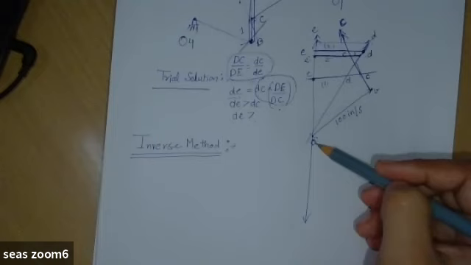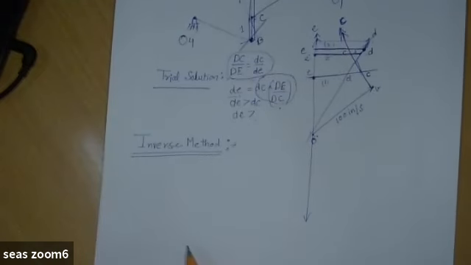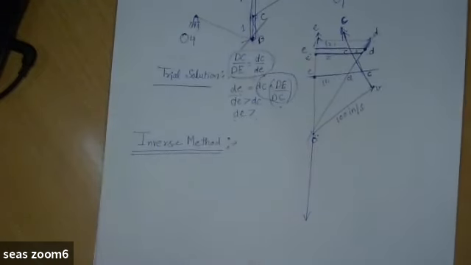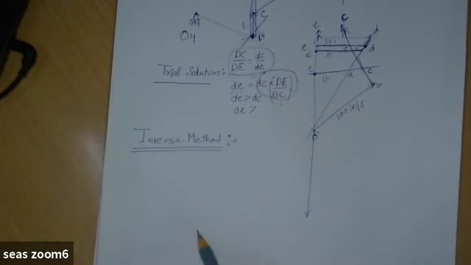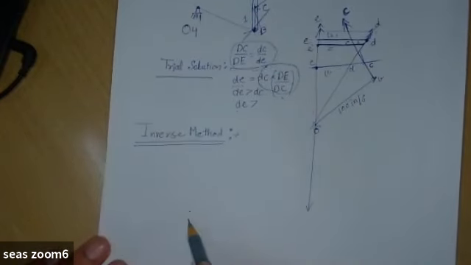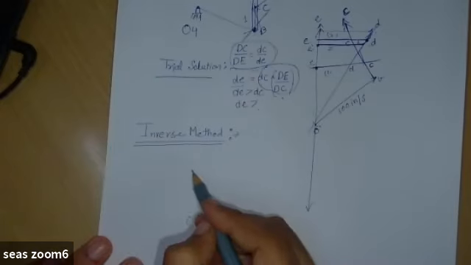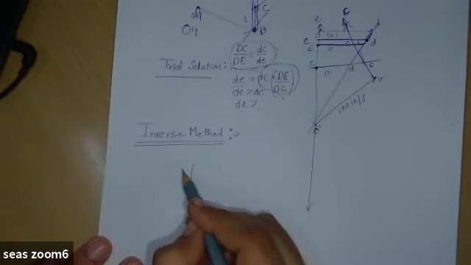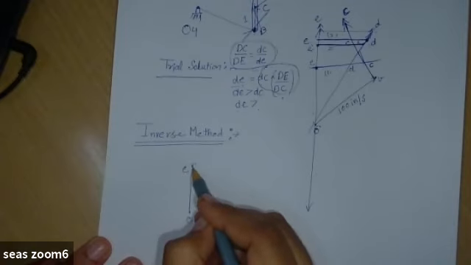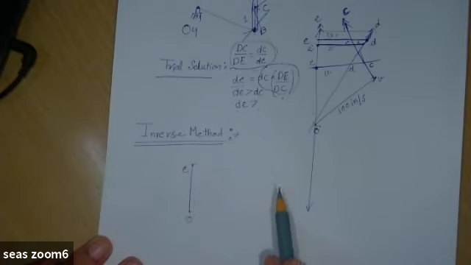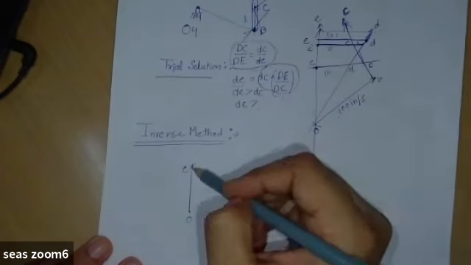So in order to start with this inverse method, let's say this is point O, and we exactly know this point E. You must know that this is not given, E is not given.